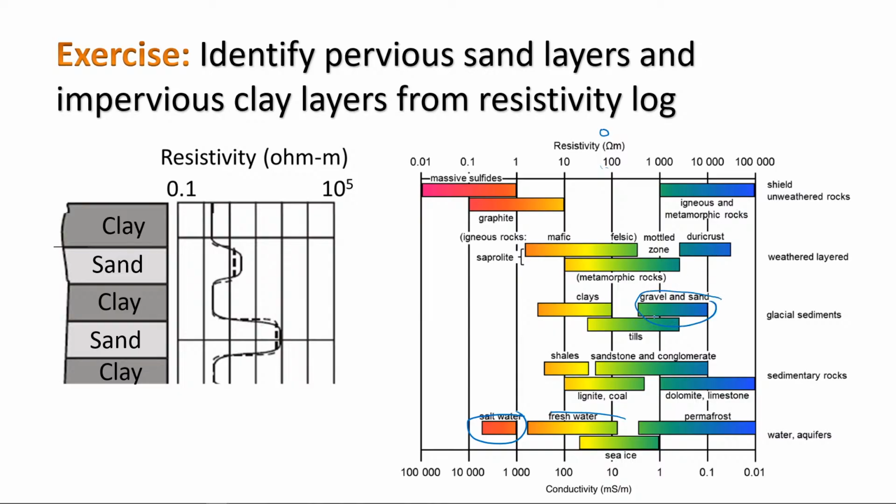If you add saline water to them, they will move to here. So you will still get this kick. If this was saline water, it would look something like this, but then you will have a small kick here and then something like this, and then maybe a small kick here and then something like this.